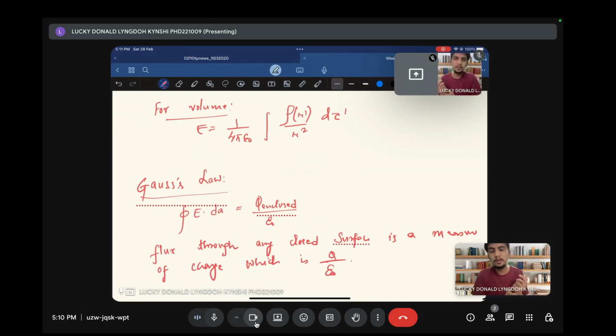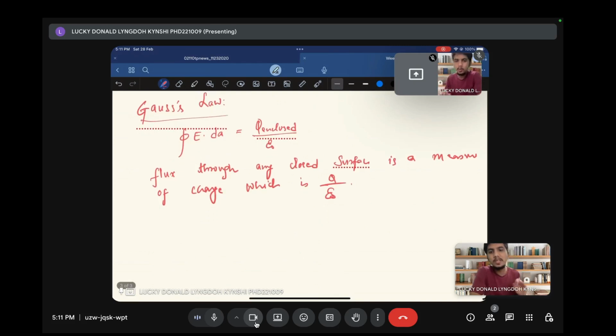This is one of the famous laws, Gauss's law, which says that the amount of flux passing through a closed surface is equal to the charge enclosed inside it. We will see how we use this to solve problems.